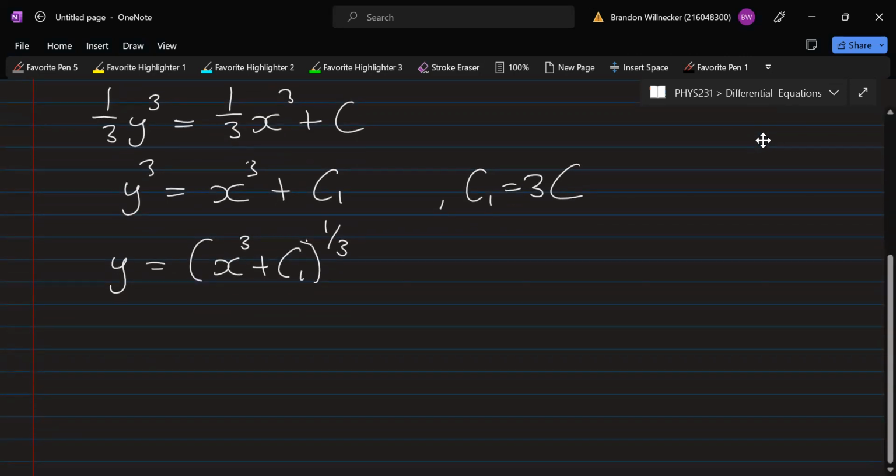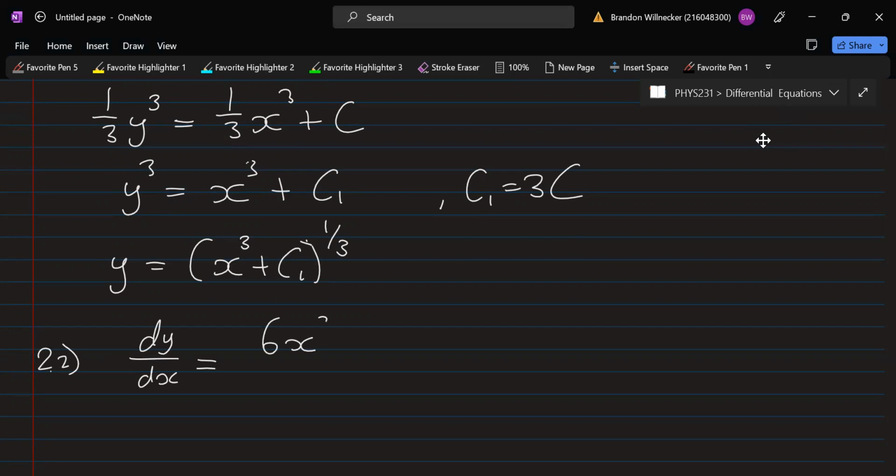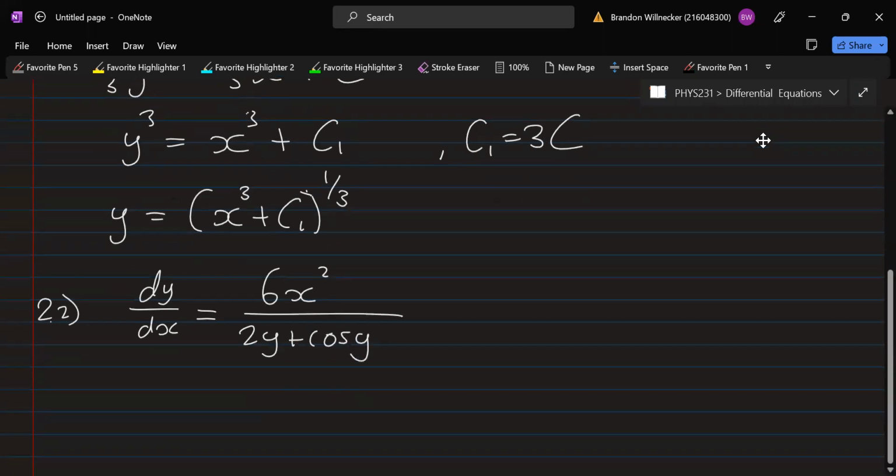Let's look at 2.2. So we have dy by dx is equal to 6x squared over 2y plus cos y. Again, we see this distinction between the x terms and the y terms.